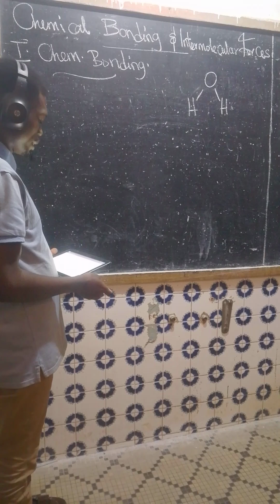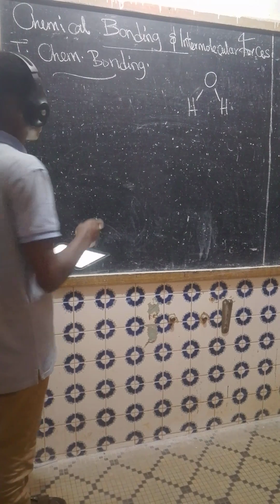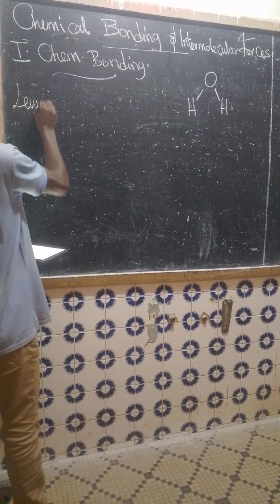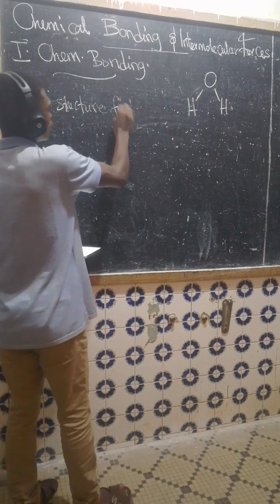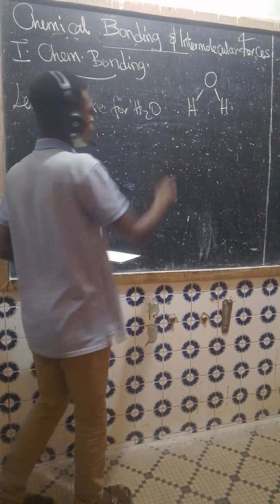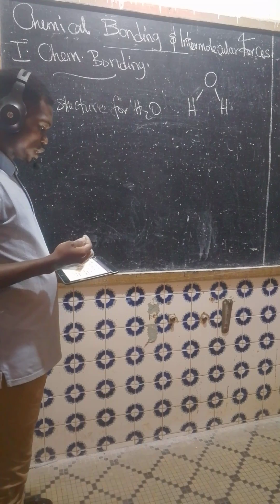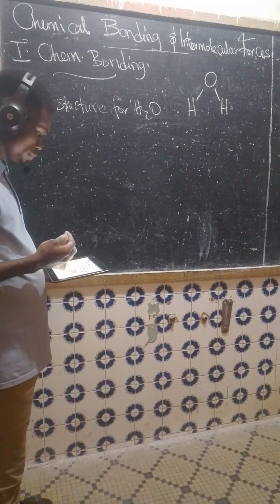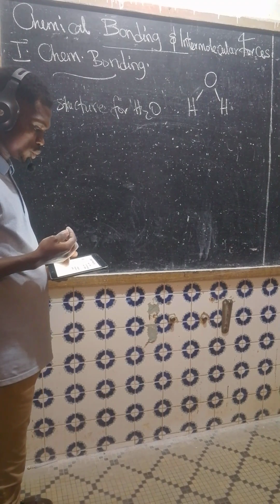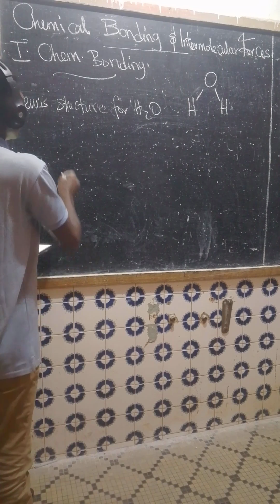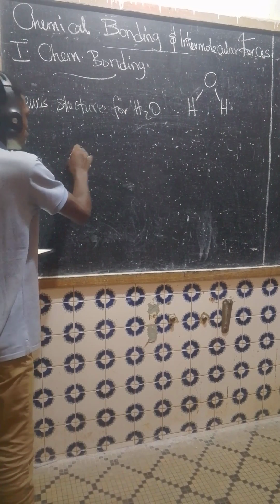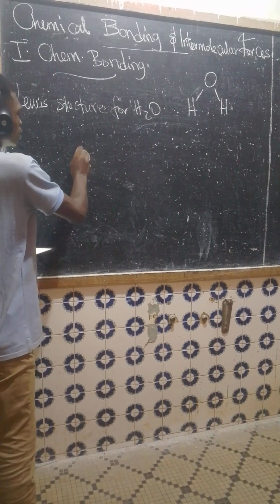So let's draw the Lewis structure for the formation of water, which is a covalent molecule. Oxygen has how many electrons on its outermost shell?